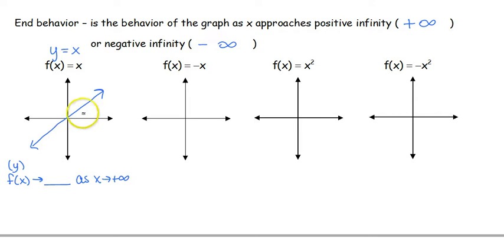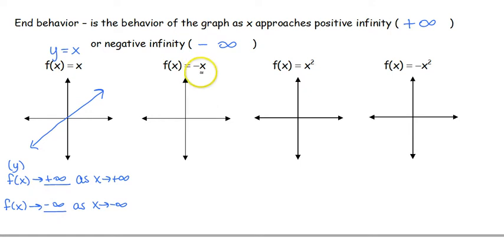As x gets bigger, so does y, so y is going to approach a positive infinity. Now we've got to do that a second time. What's going to happen to my y value, my f of x, as x approaches a negative infinity? Again, our x value is moving left and right, so as our x values get smaller, it's approaching negative infinity for the y values.